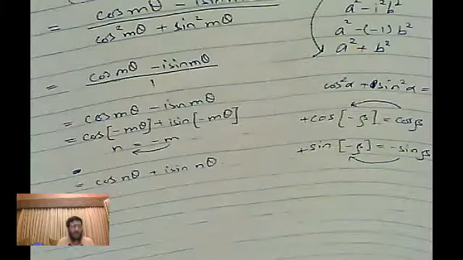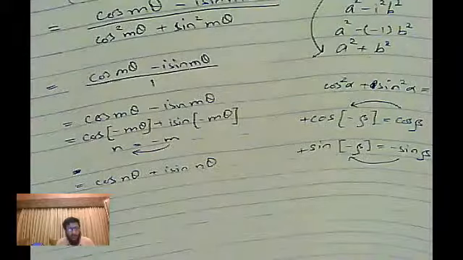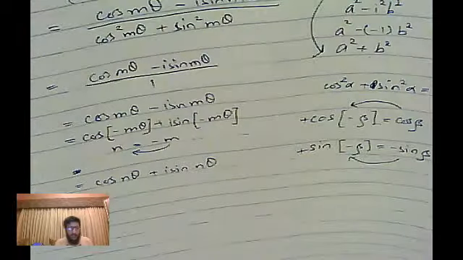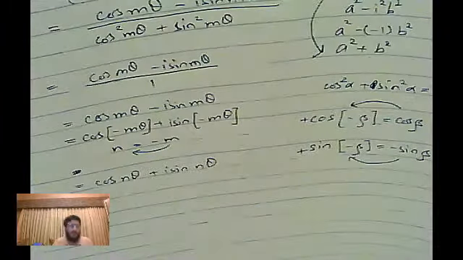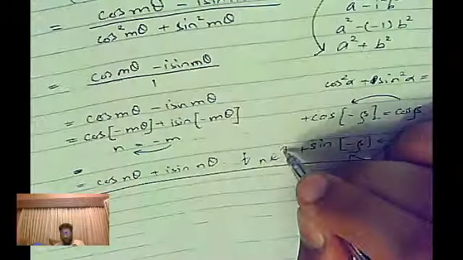So we have cos n theta plus iota sine n theta. That means that if n is a negative number, the rule still holds true for it. So this was your proof of De Moivre's theorem for all n belonging to the natural numbers.